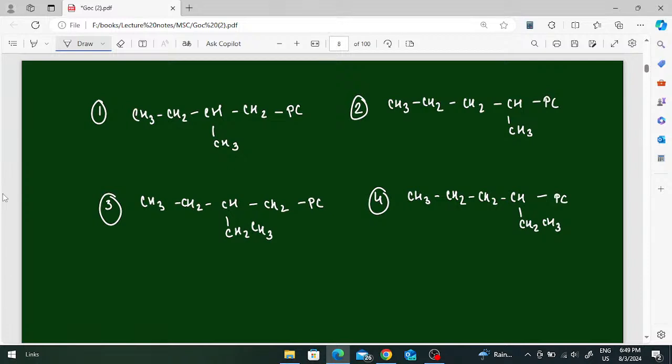So 4 will have the highest as compared to 2, and then 3 will have a higher plus I factor as compared to 1.